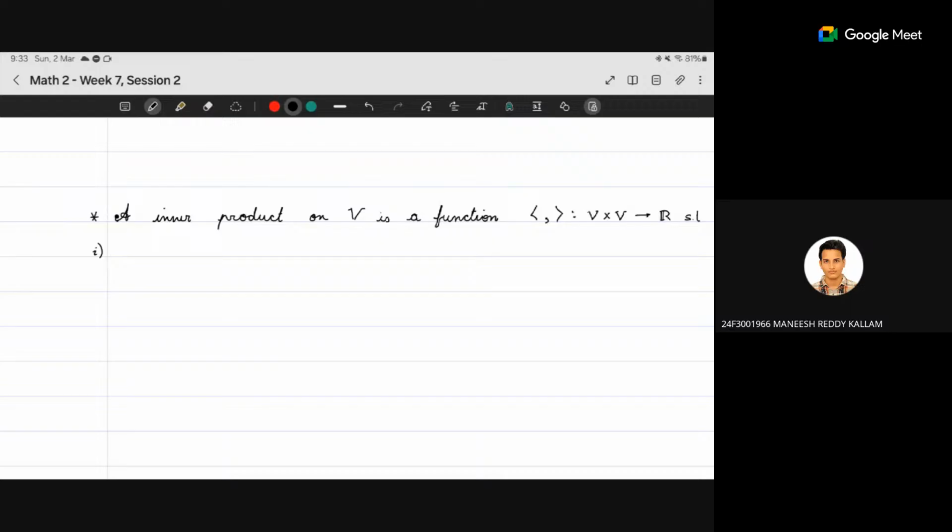The properties that it needs to satisfy are that <v, v> is greater than or equal to 0, and <v, v> is 0 if and only if v is equal to 0. Let me write down the conditions first, and then I'll explain what has happened.